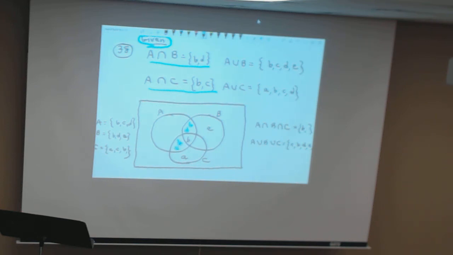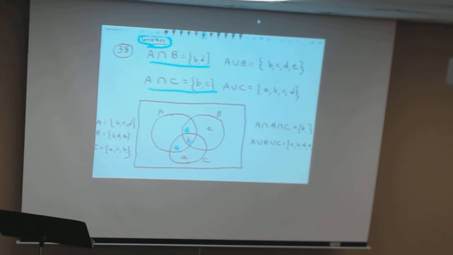Oh wait, there's a B in both of those, isn't there? So I can erase that B and put it right here because it's in both. You follow what we did with that first problem?